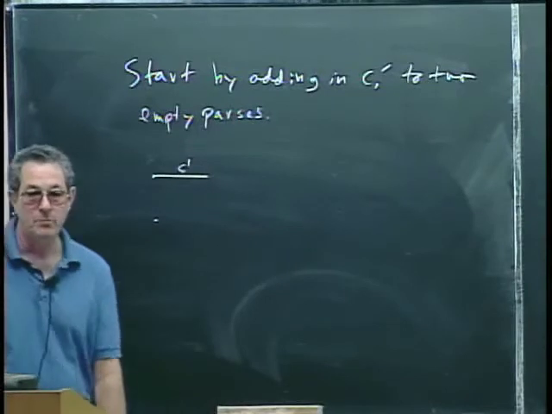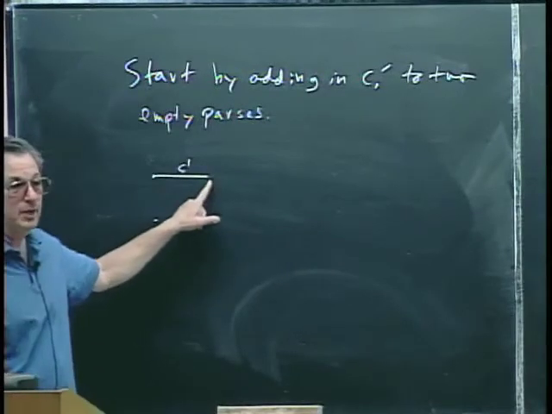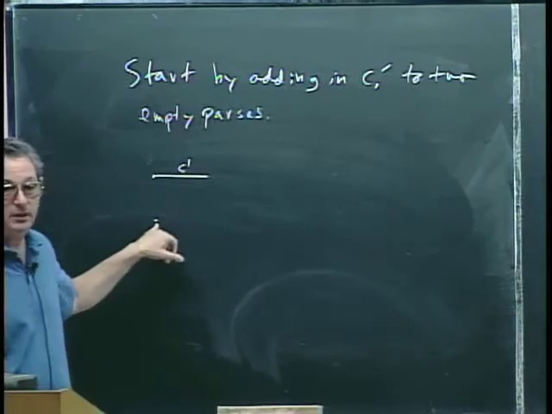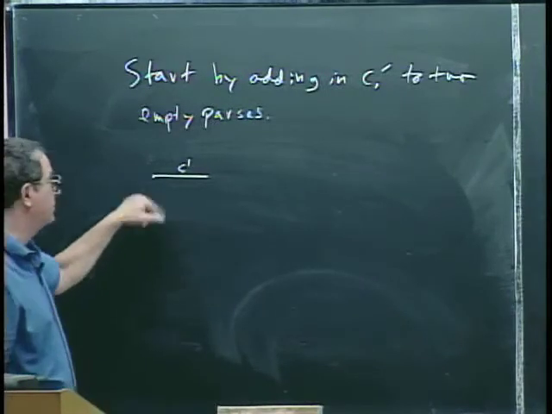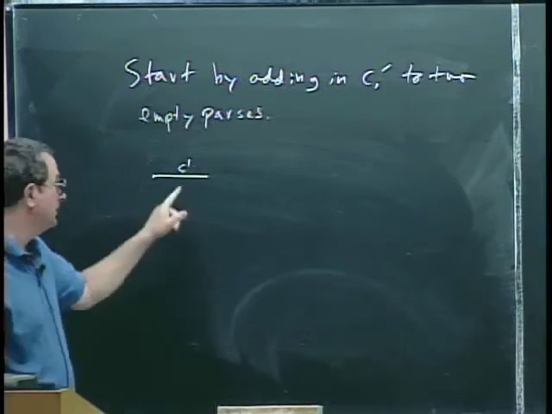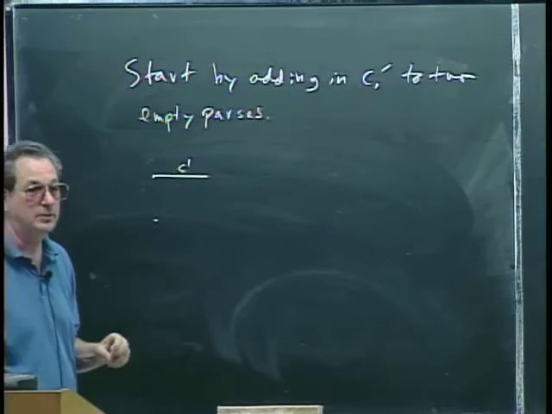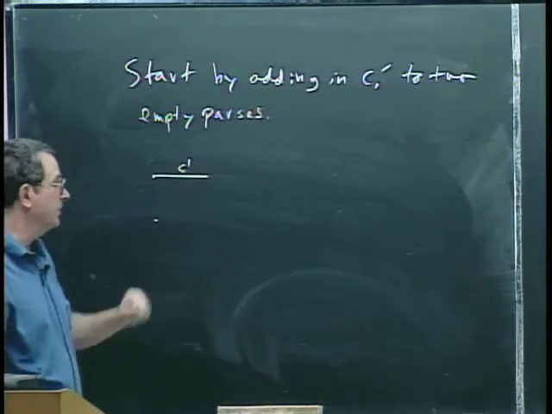Okay? So now I have one parse that has the length of C1 prime. I have another parse that's length 0. So which of these two is the longer parse? This is the longer parse, this is the shorter parse. What does the overhang consist of? C1 prime. Okay.